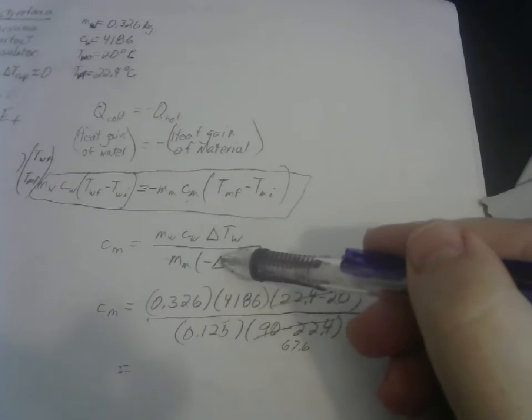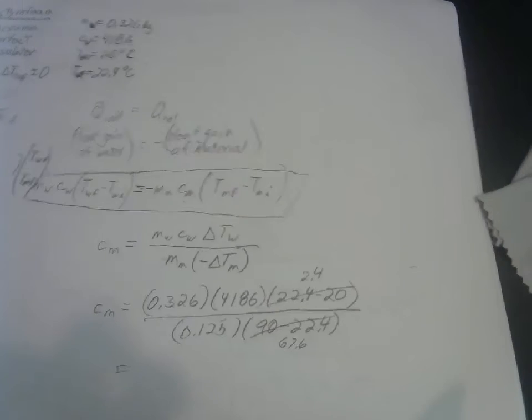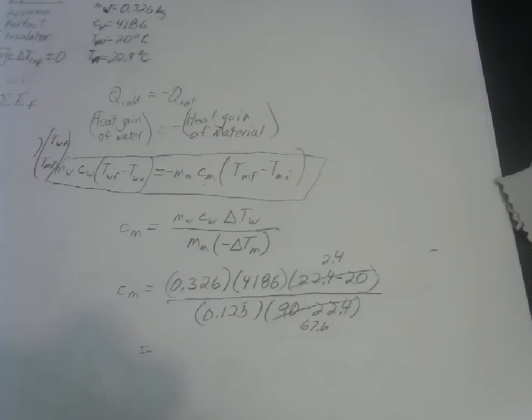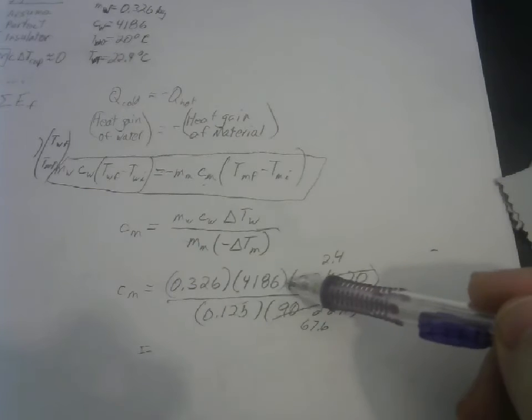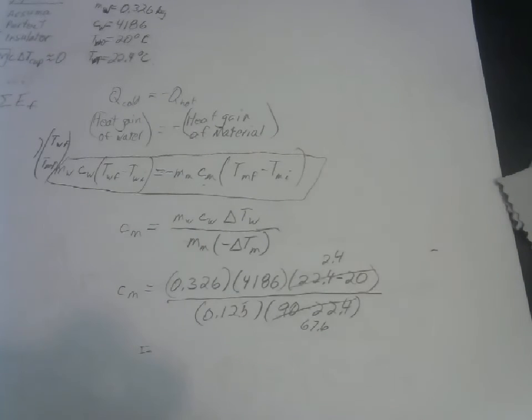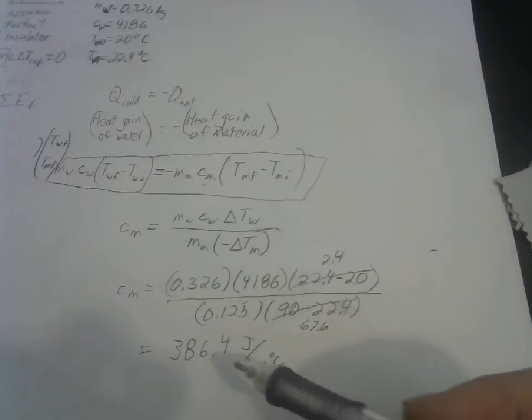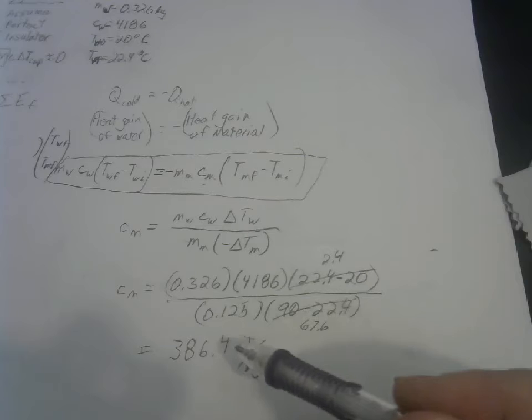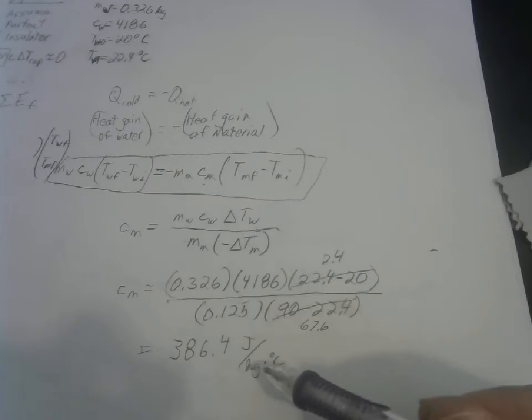But since I put this negative sign here, it's positive 67.6. And I plugged in the mass, the specific heat of water, and the mass of the mystery object. And the answer comes out to be 386.4 joules per kilogram degrees Celsius.